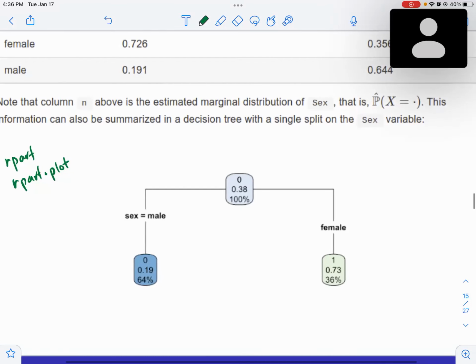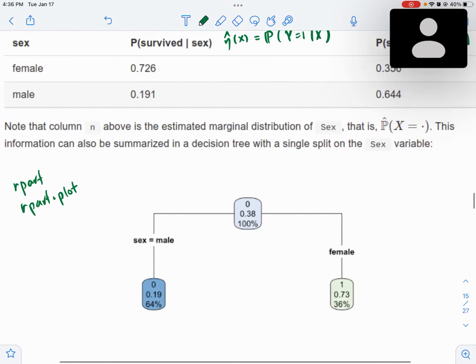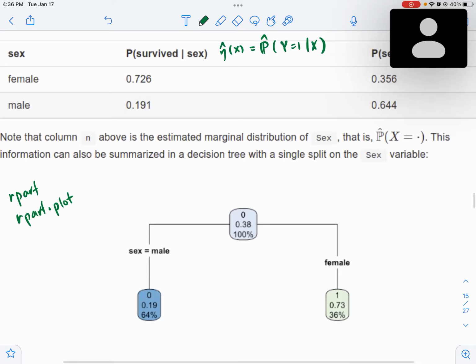Again, it just summarizes everything that we have. So what this is saying is, this is x equal to male, this is x equal to female, and these numbers are those conditional probabilities of survival. This is just this 19 here.